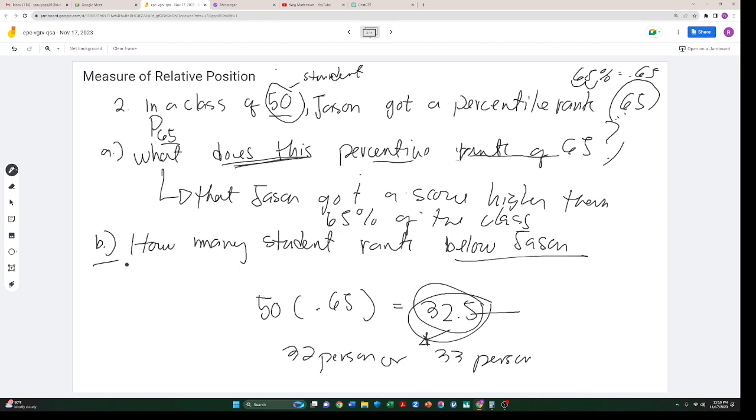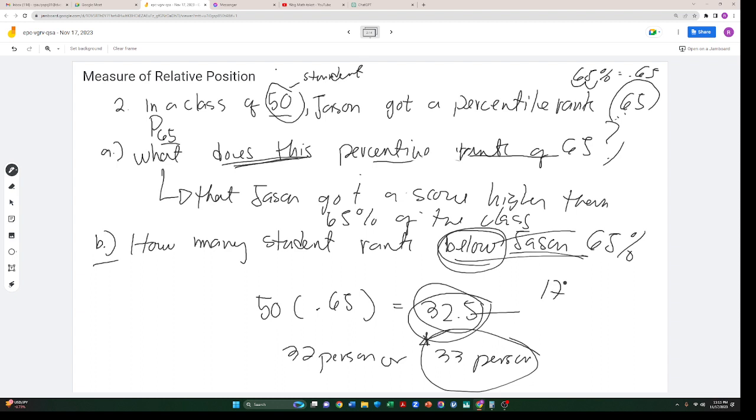Then the question, letter B, how many students rank below Jason? Jason is higher than 65% of the class. Therefore, about 33 persons are below Jason. So, 50 minus 33, therefore, 17.